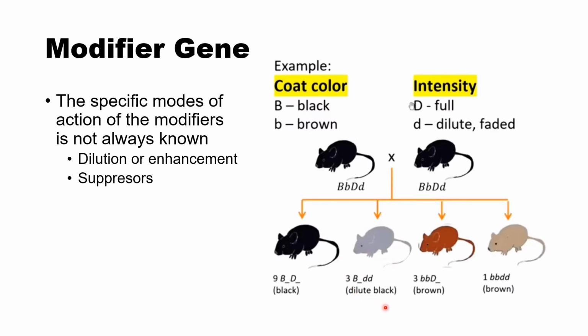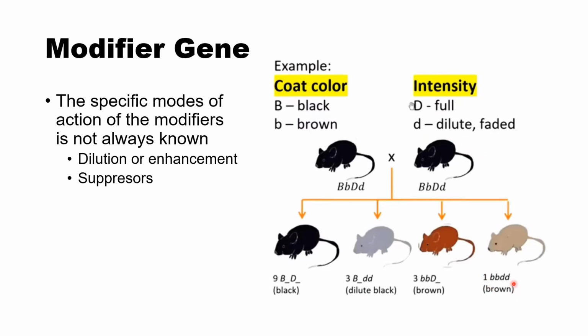So, another example is, meron ka rin nakita na tatlong mice na yung color is, meron siyang recessive B na color, and then, meron siya nitong dominant D na intensity. So, yung kalalabasan ngayon is fully brown na color. So, parang ganito. Then, meron kang nakitang mice na yung genotype or yung gene is meron ka nitong recessive B na brown at saka meron rin siya nitong recessive D na diluted or faded.